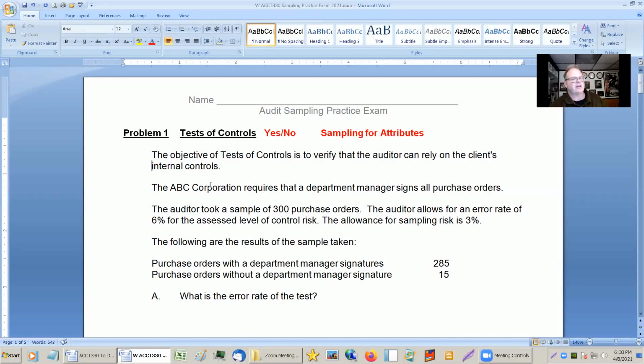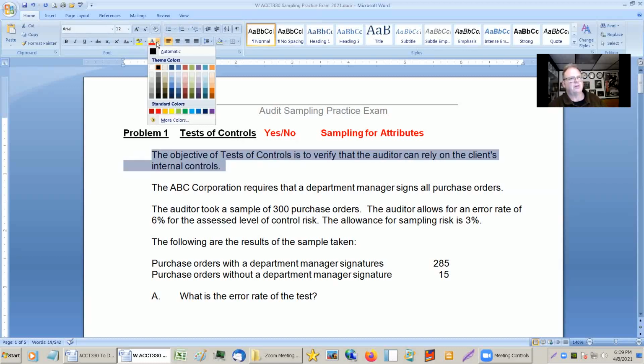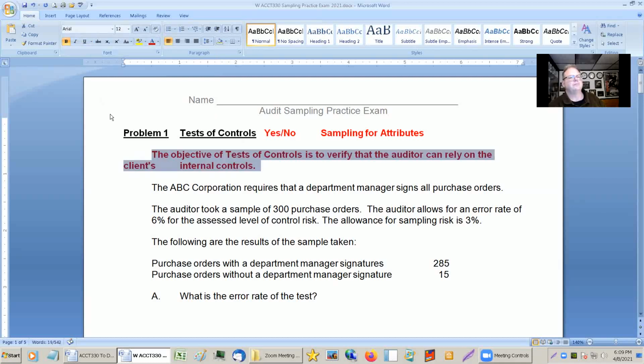So the objective of the tested controls is to verify the auditor can rely on the client's internal controls.